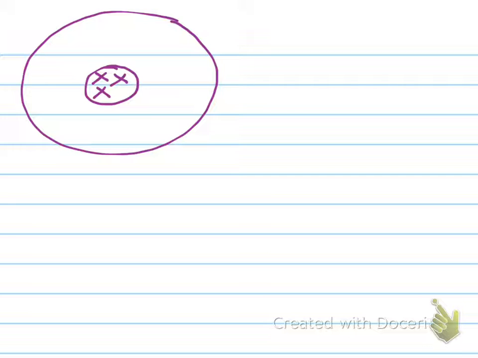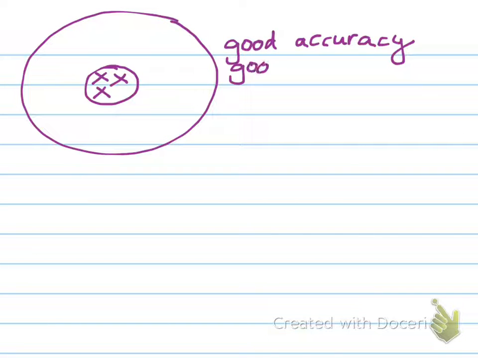This demonstrates both good accuracy, and it's accurate because I hit the bullseye every time. It also shows good precision. Why? Because all 3 of my throws or my shots were in the bullseye. So that means that however I'm doing this, I'm doing it the same way every time.